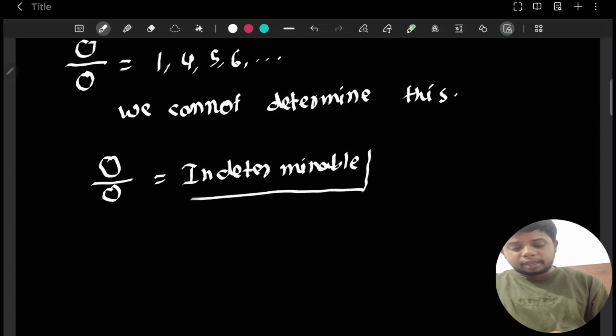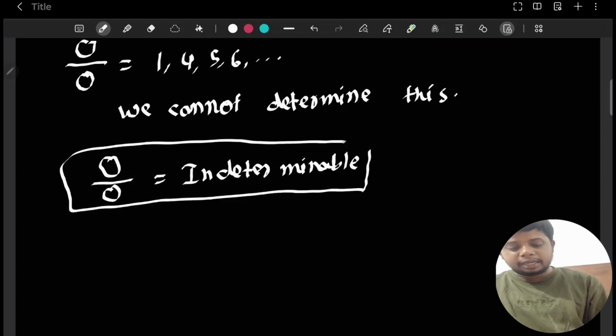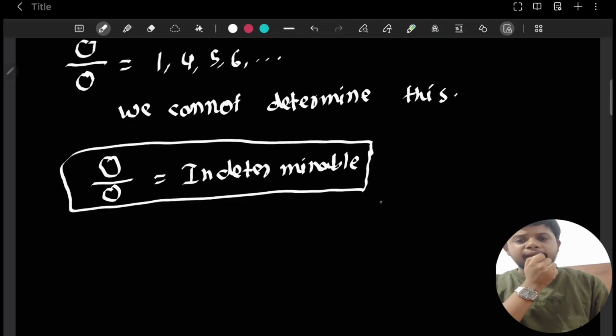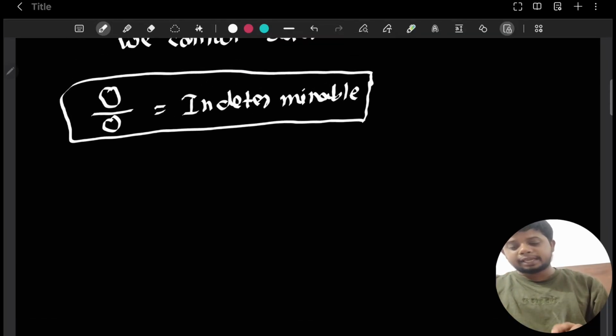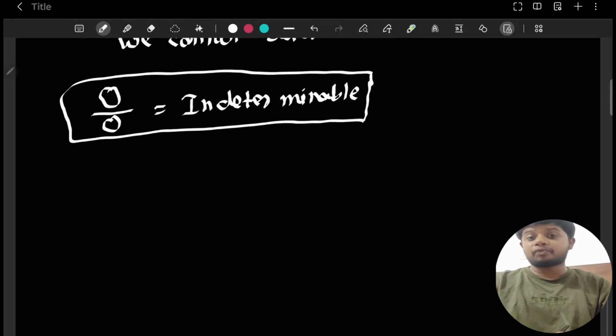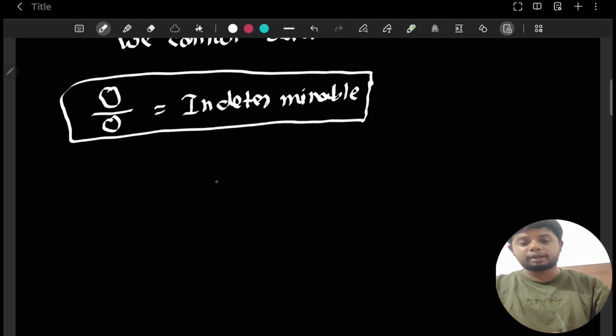But if that is indeterminable, that means we cannot determine it. But in the limits chapter, people will say this is an indeterminate form and will study about indeterminate forms. But the thing is, one thing we cannot determine, how can you study about that? So that means we will not study here about 0 by 0.